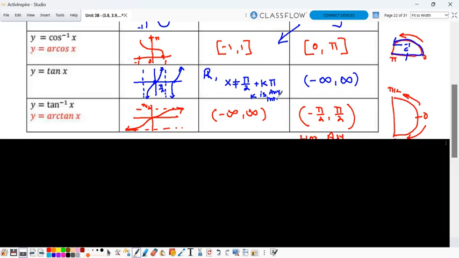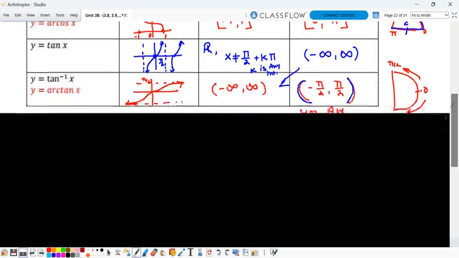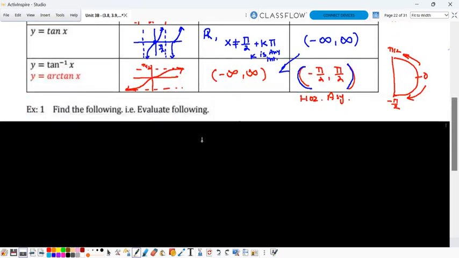K is any integer. The range is all real, which means the domain of the inverse becomes all real. And notice the parentheses, because of the horizontal asymptote. Again, for tangent in the fourth quadrant, you need to use a negative angle.